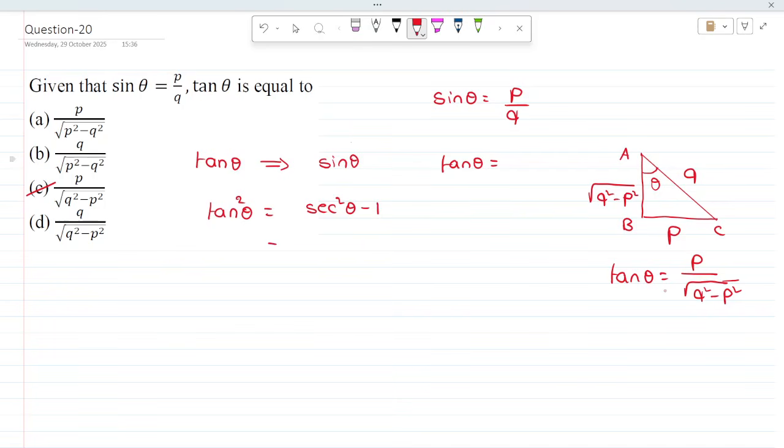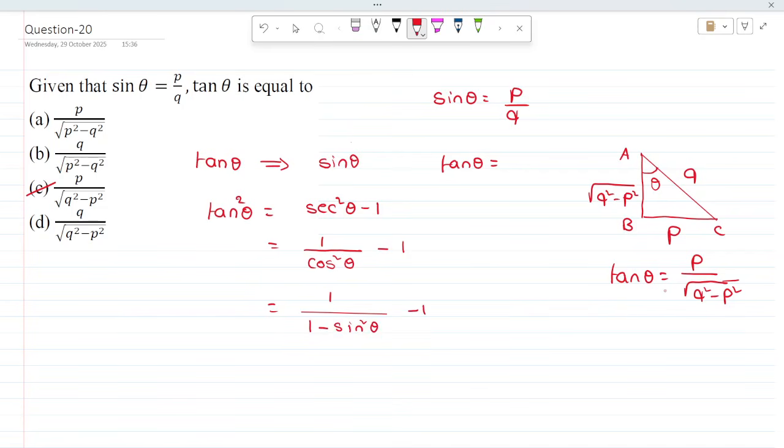But secant can be written as 1 by cos square theta, right? Yes or no? Secant square is 1 by cos square theta. Am I correct or not? Cos square can be written in terms of sine, with the identity's help, as 1 minus sin square theta.